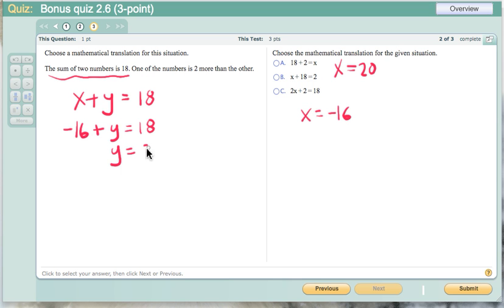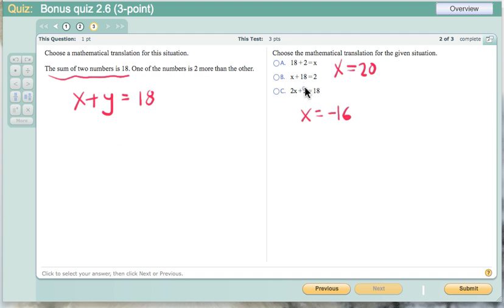We add 16 to both sides and we get y is equal to 34. So when x is equal to negative 16, y is equal to 34. And again, this second sentence here fails. One of the numbers is not 2 more than the other. It's a lot more than the other. And so, we've eliminated the first two. And so that means it pretty much has to be C because there is no D.